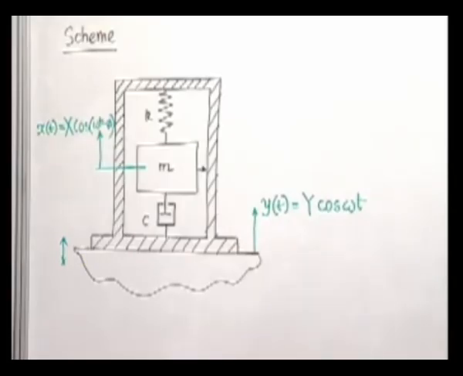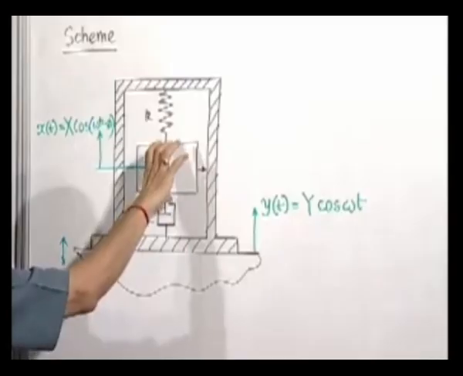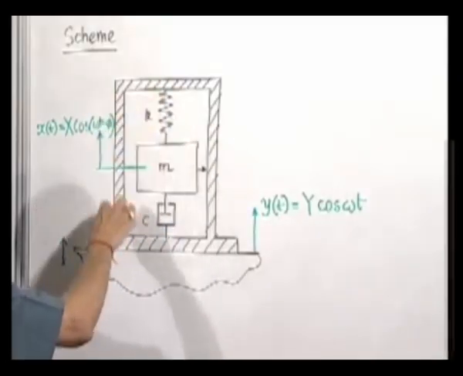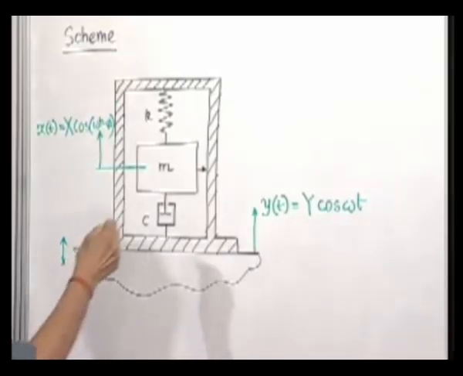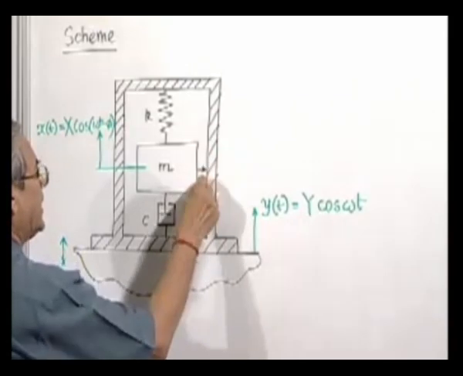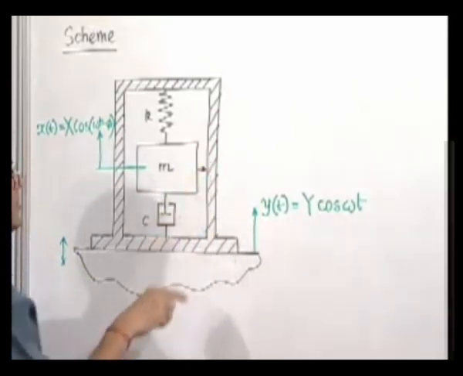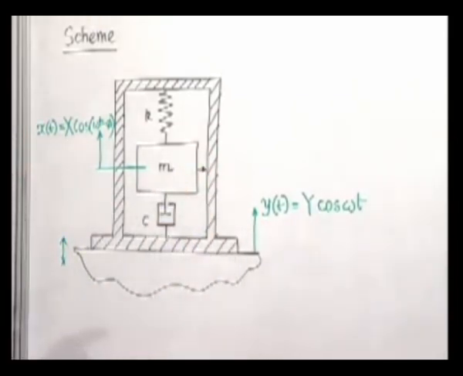Now, in such a situation, what we can really sense is the movement of this mass inside this container, that means the relative movement of the mass with the container. The very crude way it can be sensed is by putting a scale here and a pointer attached to the mass, but really that is not the way it is done.